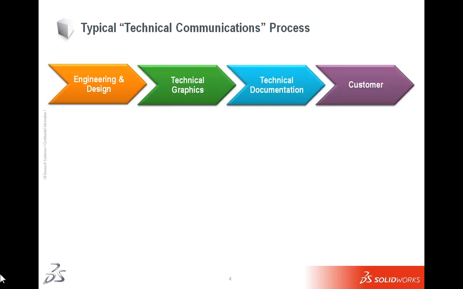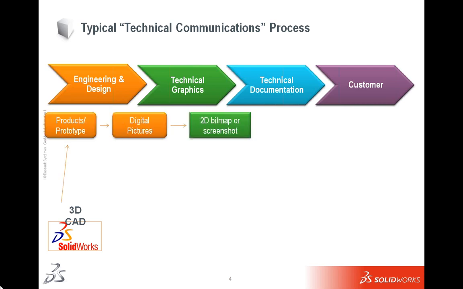This is the typical process that most of our customers, probably a lot like yourselves, are using today. It runs from your engineering design to technical graphics, then the documentation, and that gets to the customer. Hopefully most everyone on here is using SOLIDWORKS. If not, the nice thing about Composer is that it is CAD neutral. That's the engineering design phase. The products are prototypes.